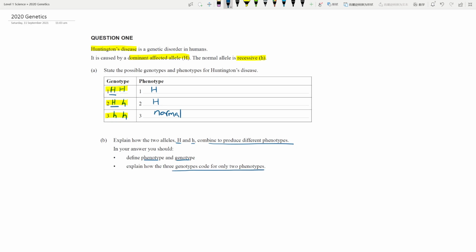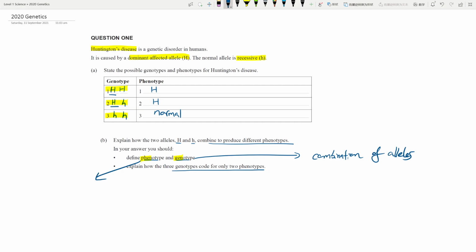Phenotype, if you look at the spelling, has to do with physical characteristics, and genotype is the combination of alleles. It is really important that you know these definitions. Genotype is the combination of alleles from each parent, and that combination determines what the trait will look like.